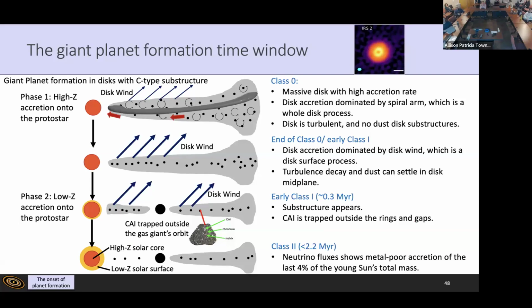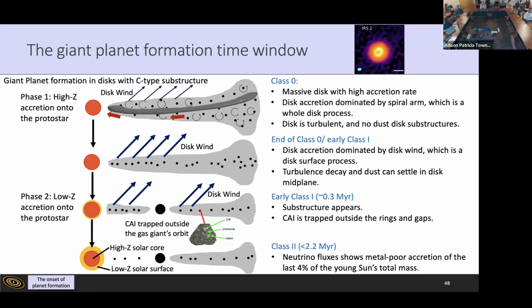So we can start to put these together into an observational picture of the giant planet formation time window. This is a collection of different observations, and also some of it is my speculation. So the picture comes as this.